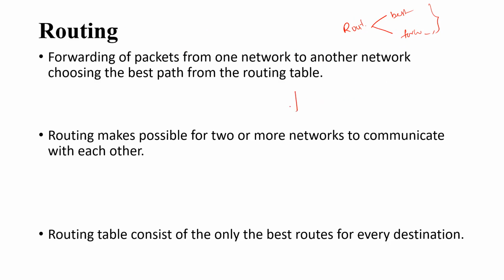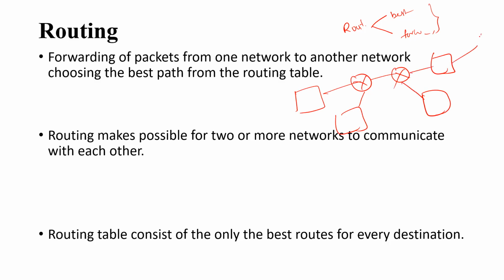Suppose we have a number of networks. This is one network, this is another network, and this is another network. Here we have two routers which are connected to each other. Here we have one router, and one network is connected to it.